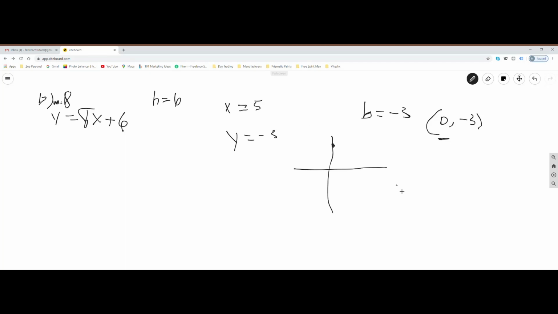For x-intercept, it's like this. This is an example of an x-intercept. What do you notice? That y is 0. So the other point would be (5, 0). So since we have 2 points now, we can find the slope.